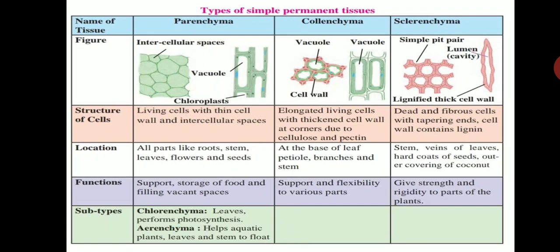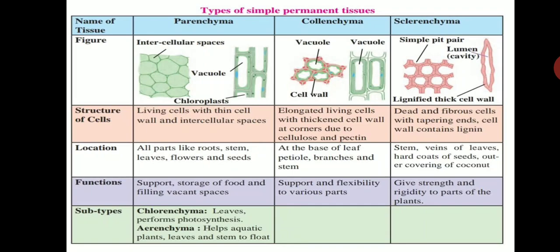They form the outer covering of coconut shell. So sclerenchyma tissues consist of dead cells. Because of that, they are present in the coverings of nuts or in the covering of coconut. This is the location of these tissues.